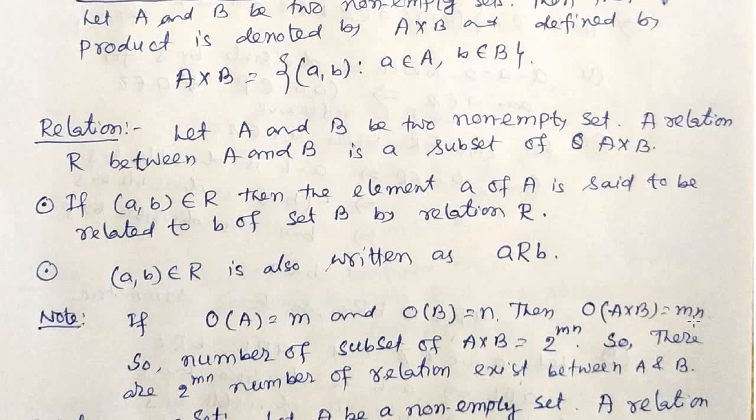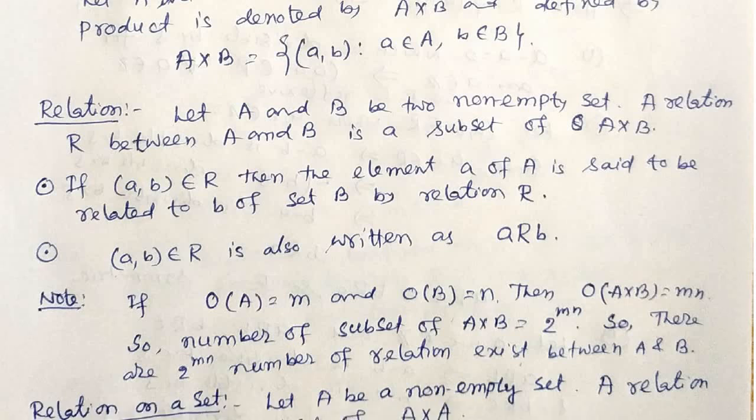Also we know that if a set contains n elements, then the number of subsets is 2 to the power n. So as the number of elements in A cross B is mn, the number of subsets of A cross B is 2 to the power mn. Any subset of A cross B is a relation, so there are 2 to the power mn relations between A and B.